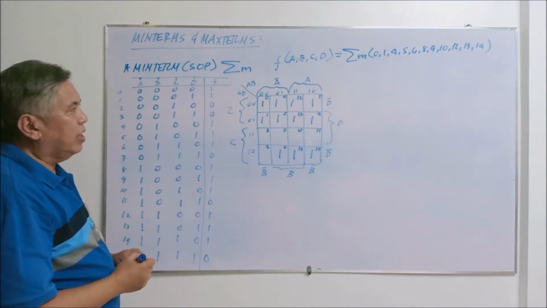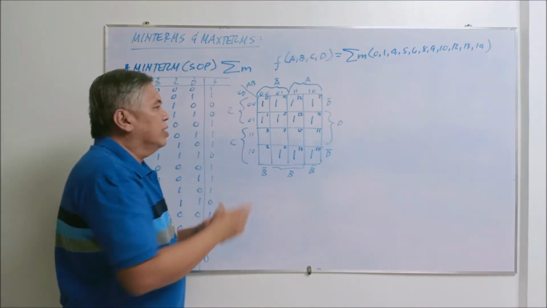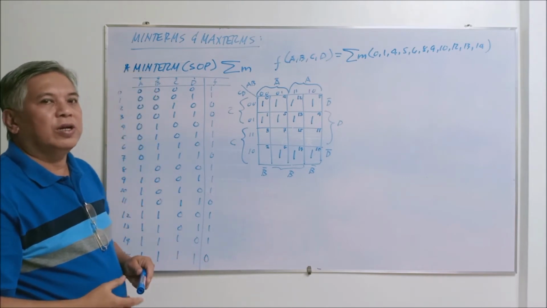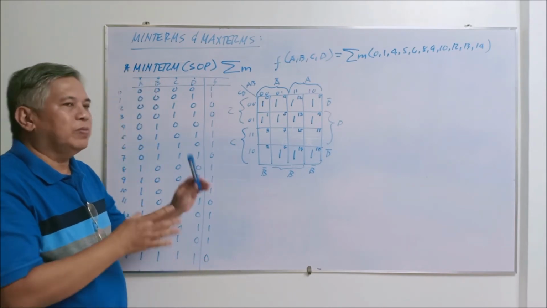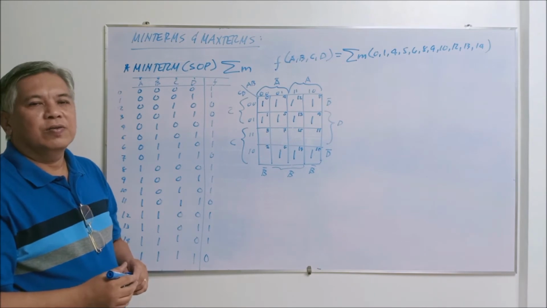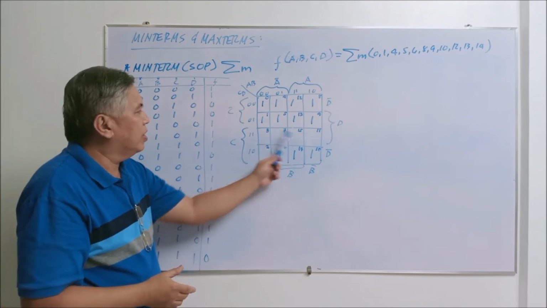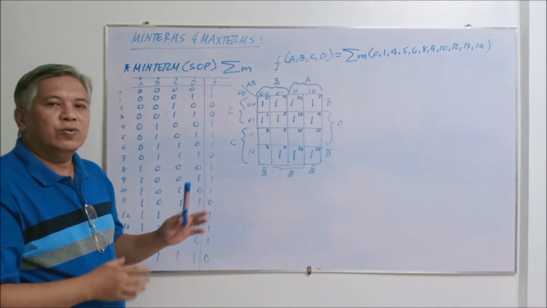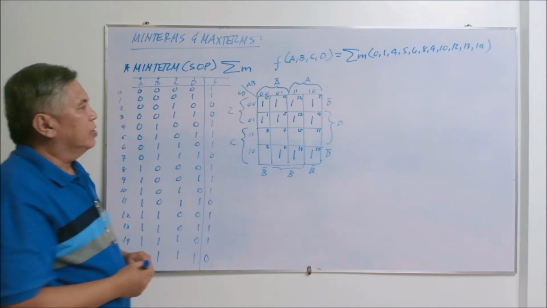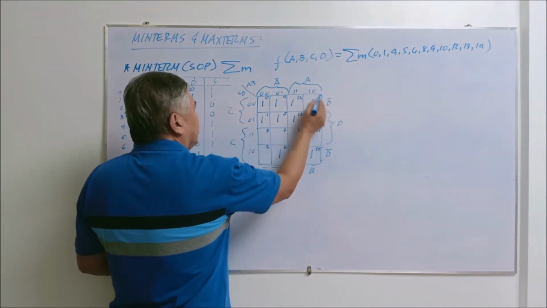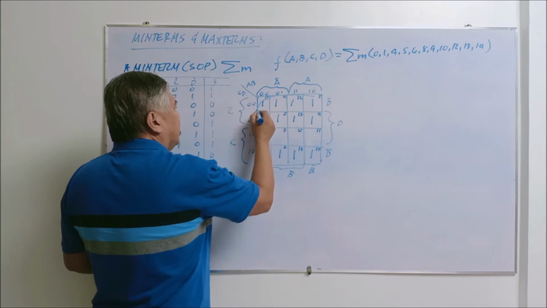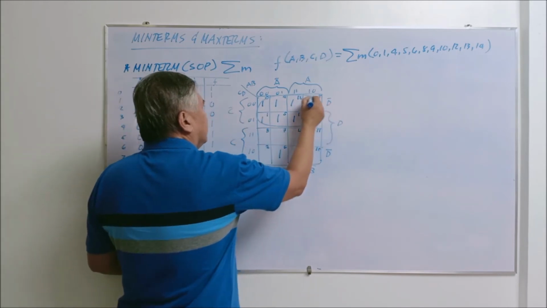The same, we group the cells which are adjacent. Again, we have 16 cells. If we cannot get 16 cells because there are vacant cells here, we go to 8 adjacent cells. In this case, we have 8 adjacent cells, so we group them as 1.